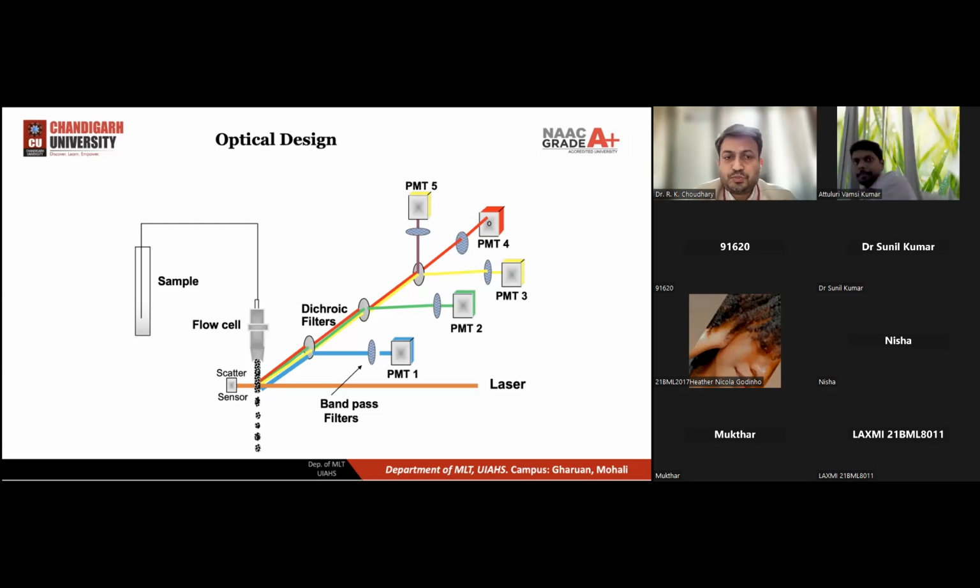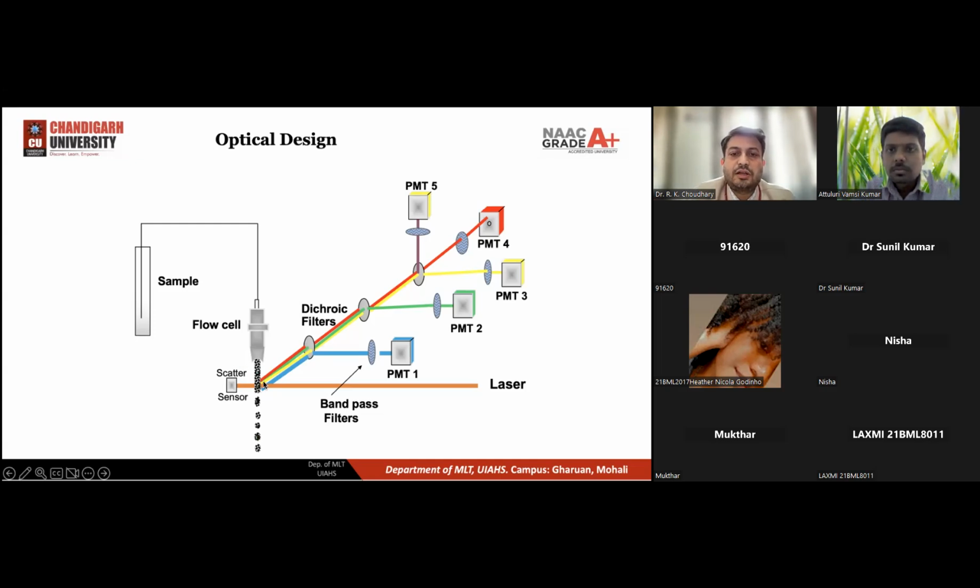Then you put it in as per the manual, or you keep it in the incubator. Once incubated, you process it. Once the machine starts the process, the flow cell starts, the sample is taken here, and then the samples come to the light scatter sensor.